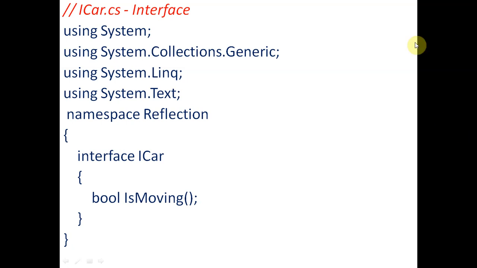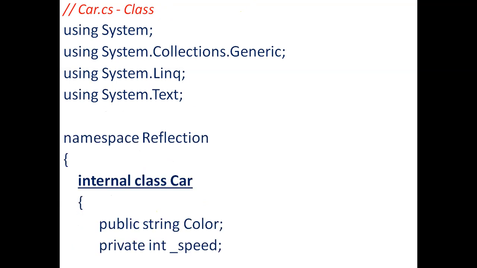In this program we have one interface, ICar, and inside this interface we have one boolean function, the isMoving function, which is implemented in another class also. And we have one more class inside this reflection namespace, the Car class.